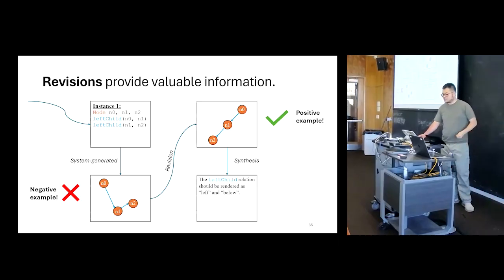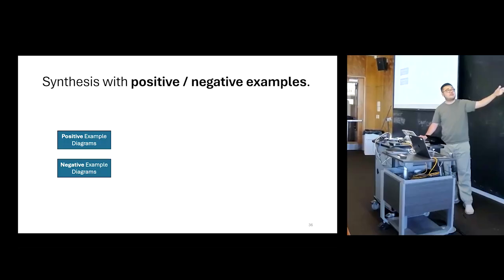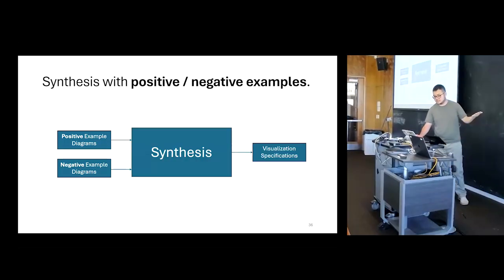One potential way of using this is, instead of using only the user-provided examples, we classify them as either positive or negative examples. In the end, we would use both positive and negative examples to synthesize a visualization specification that satisfies all the positive examples and that violates all the negative examples.